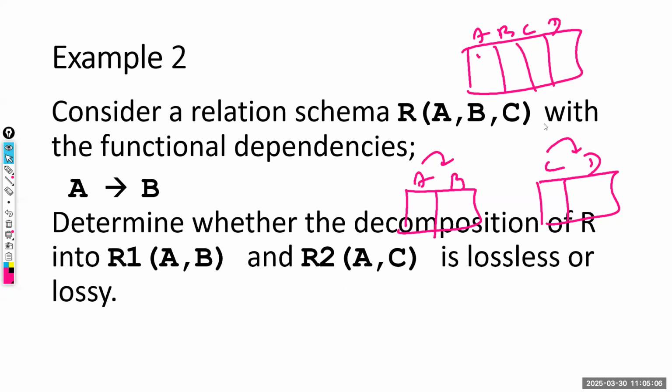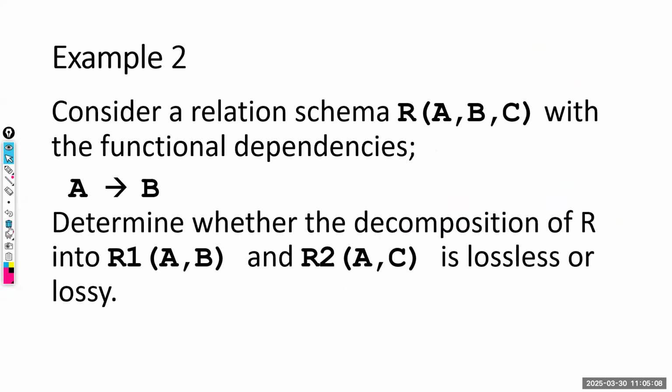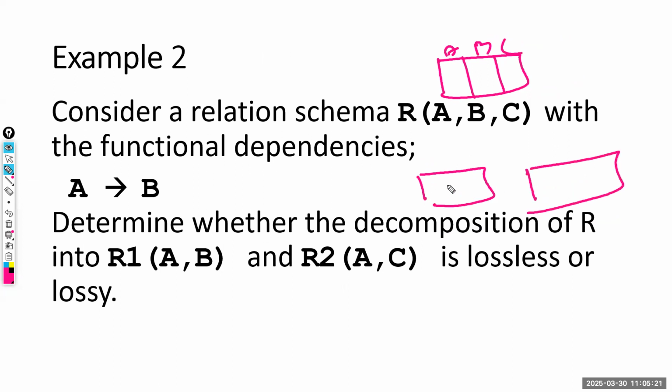Right, so look at this one. This time, this is the decomposition. The original is A, B, C. Someone has decided, okay, let's go like this: (A, B) and (A, C). So again, you need to check these three conditions.